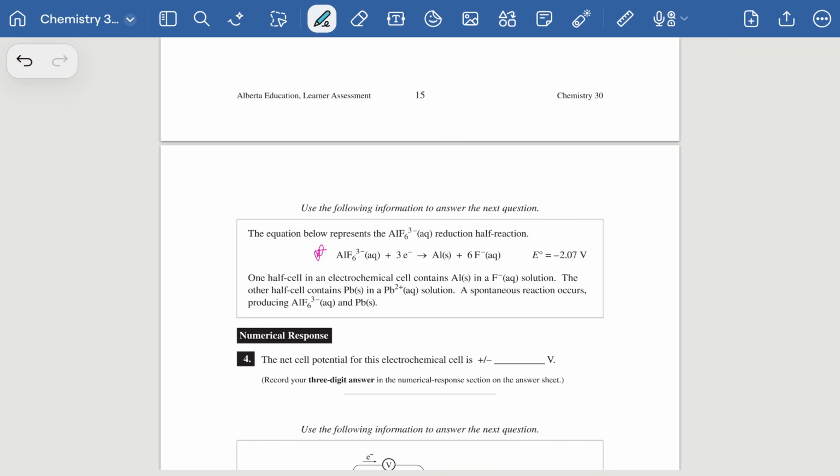It's telling us it's spontaneous, so you would just look up the Pb half reaction, which is negative 0.13, and because this is going to be higher on the table than what we see here, this is going to be your OA, undergoing reduction, happening at your cathode. So then we can calculate the cell potential of the whole thing: the Pb goes first, your cathode, 0.13, and subtract the cell potential at your anode, and you'll get 1.94.